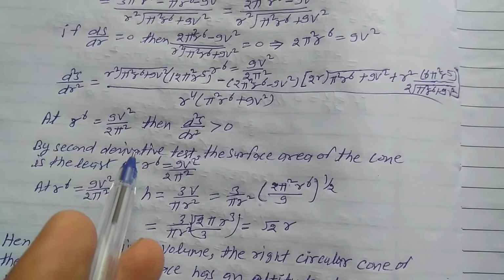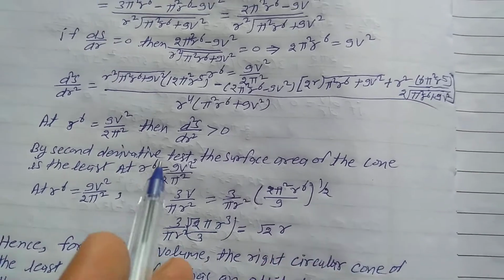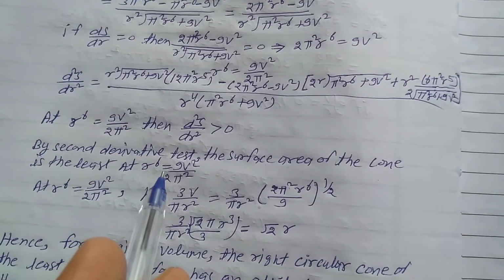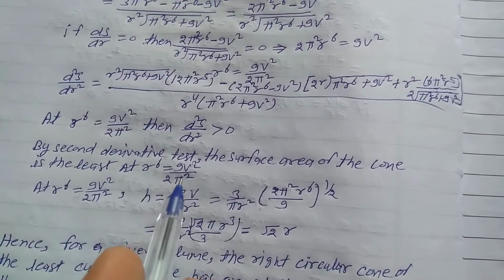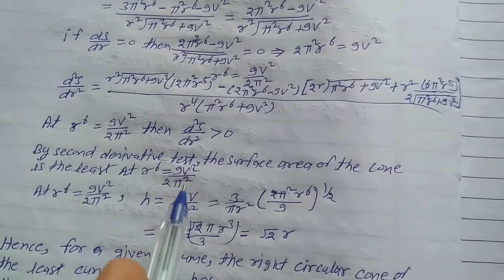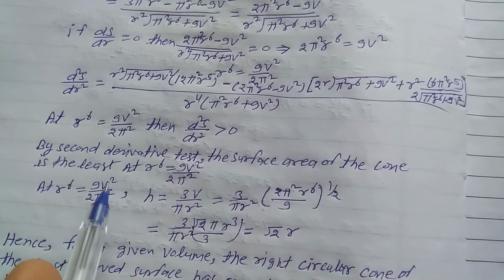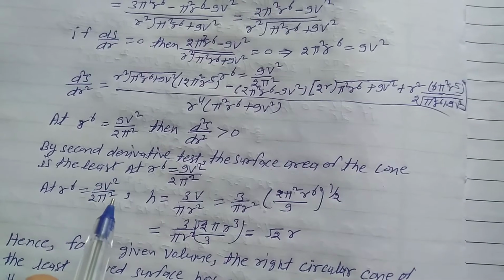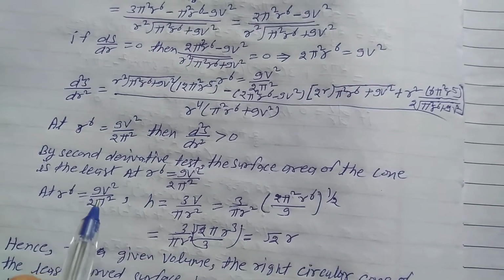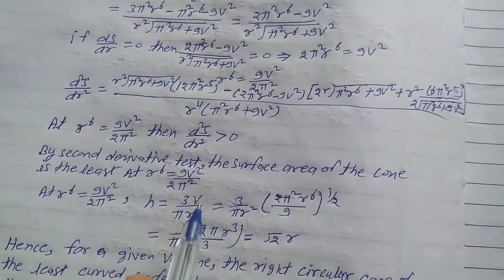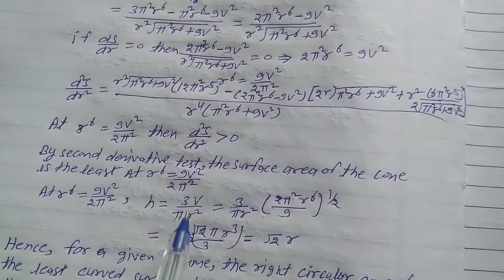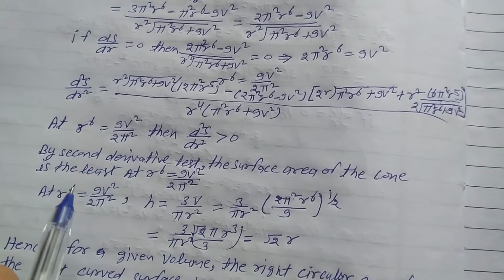So by the second derivative test, the surface area of the cone is least at r power of 6 equal to 9V square upon 2 pi square. Put this value into h equal to 3V upon pi r square, so the value of V is put into this relation.